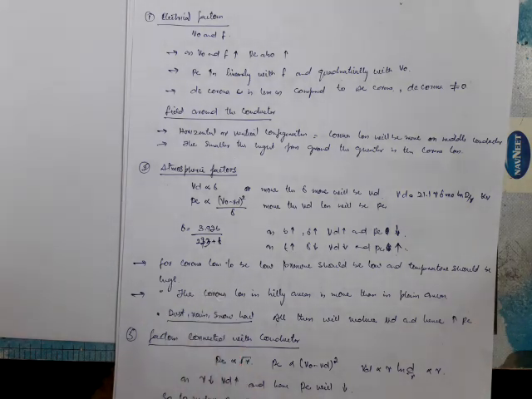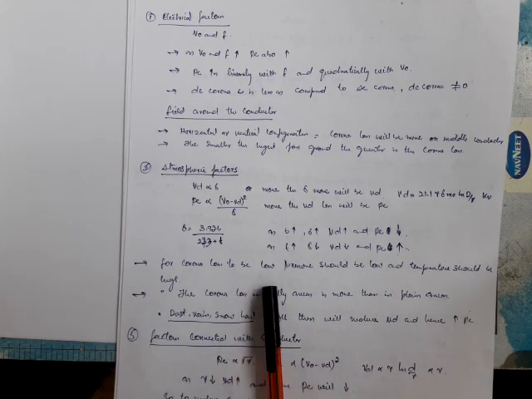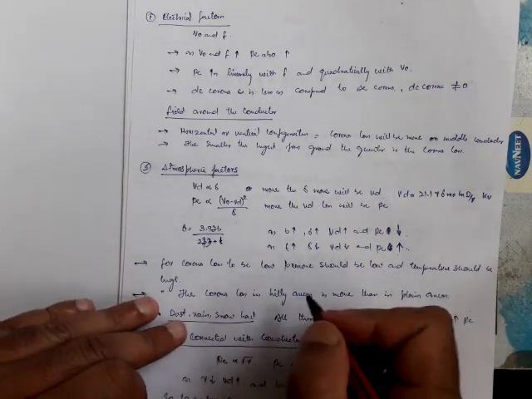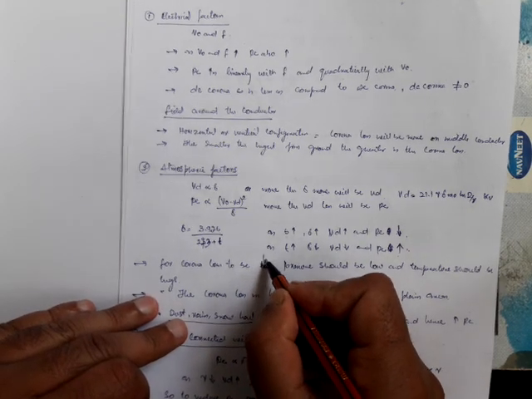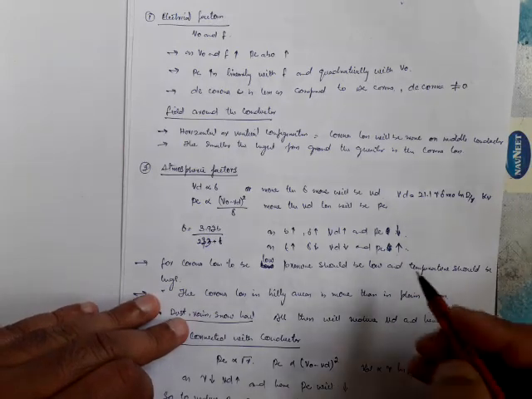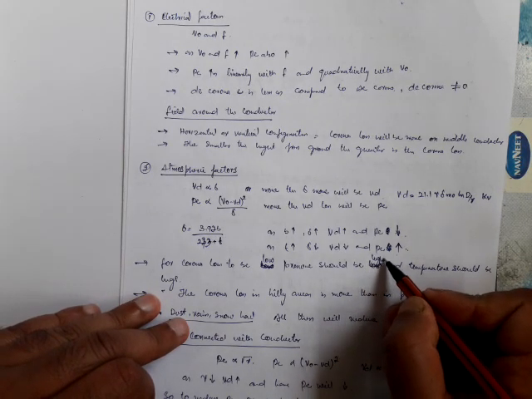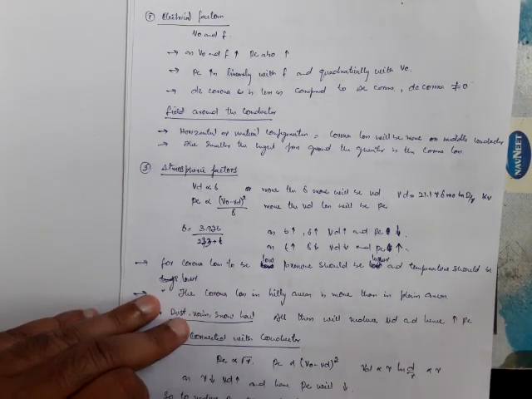For corona loss to be low, pressure has to be high and temperature should be low. Because for corona loss to be high, pressure has to be lower and temperature should be higher.